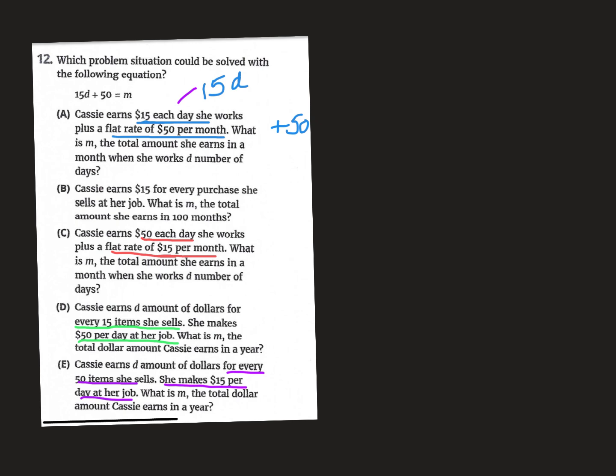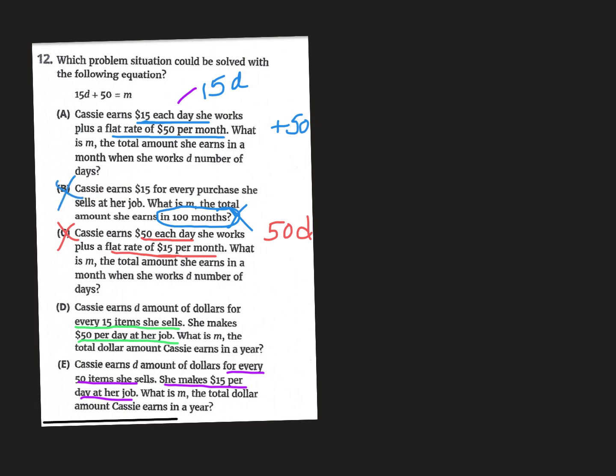So we know it can't be that one because 100 is not even any of the values that we were given. And letter C, Cassie earns $50 each day she works plus a flat rate of 15. So $50 each day would translate to 50D, and there is no 50D in the equation, so it cannot be that one either.